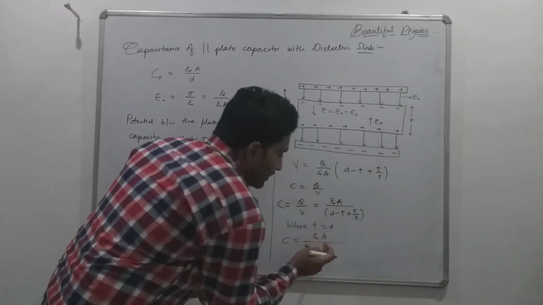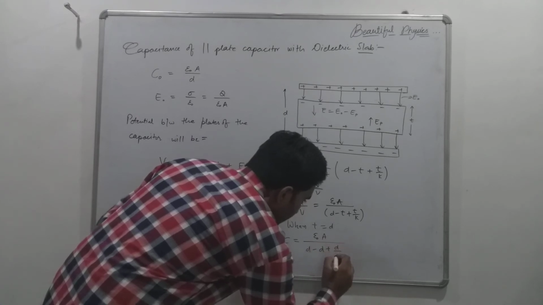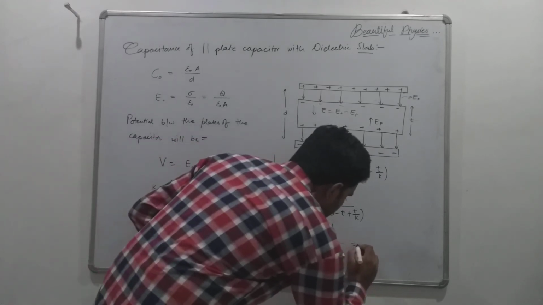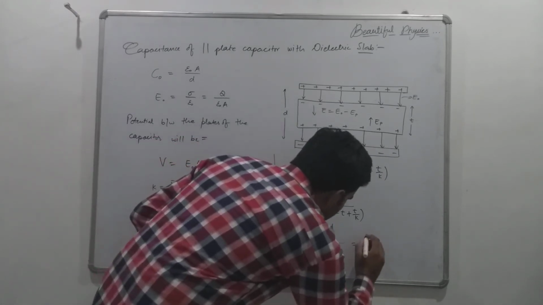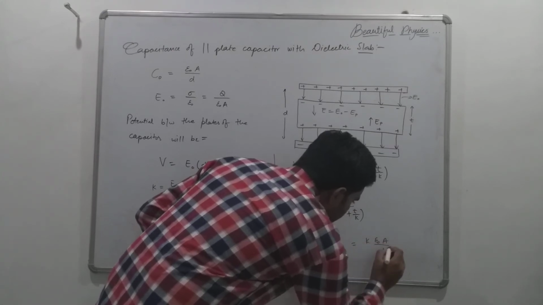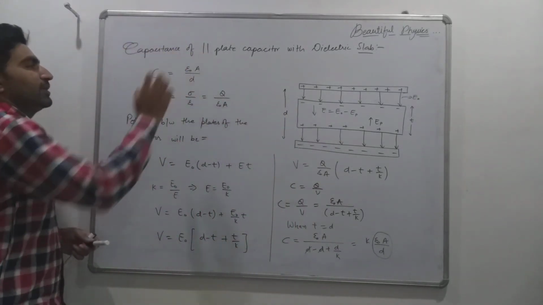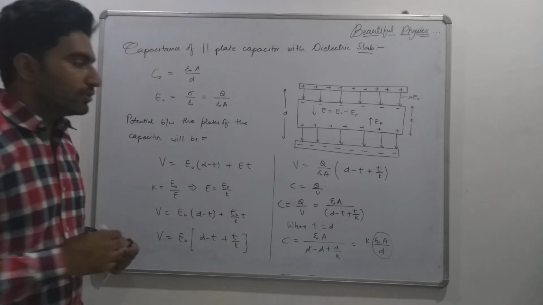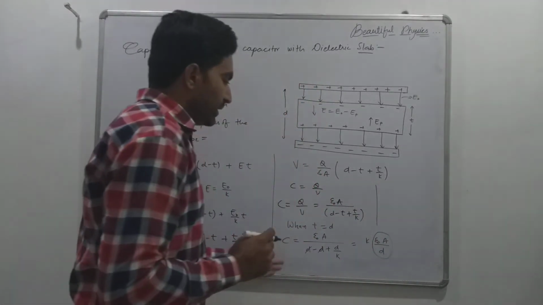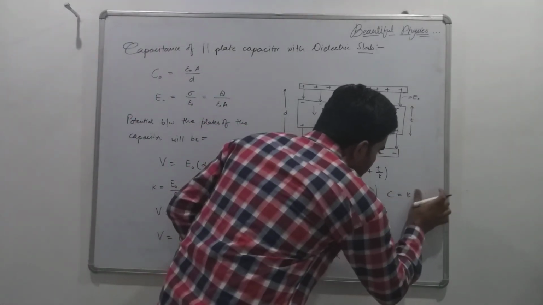I am writing d in place of t, so d minus d plus d by kappa. The d cancels out and kappa goes towards the numerator. So we have kappa times epsilon naught A by d, and epsilon naught A by d is the capacitance of the parallel plate capacitor without any dielectric. So here the capacitance C is equal to kappa times C naught.